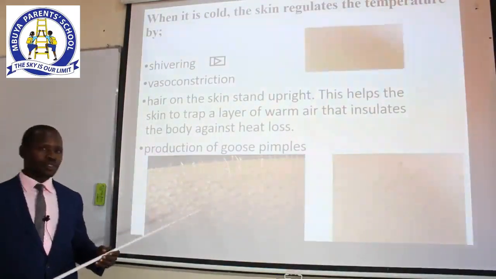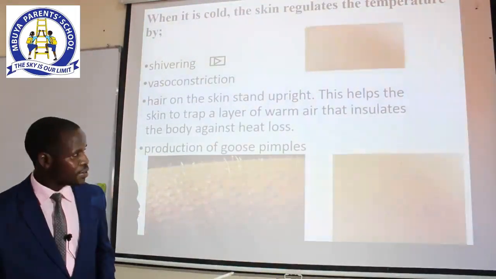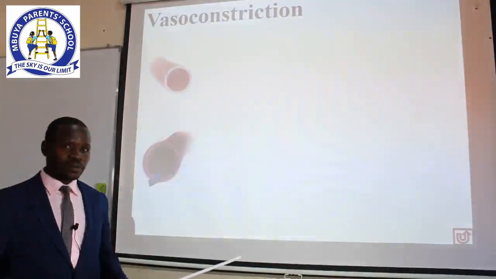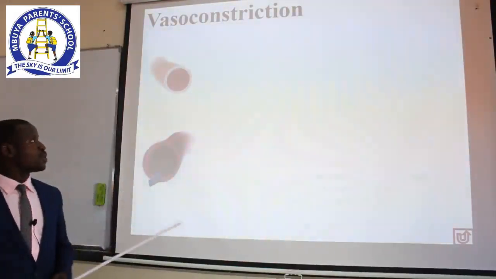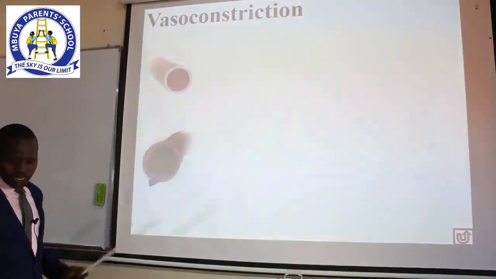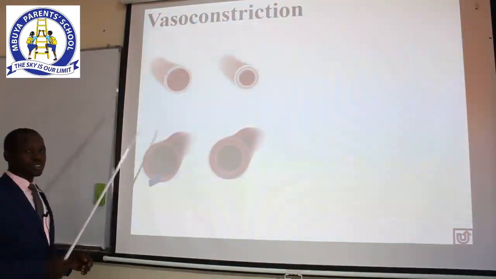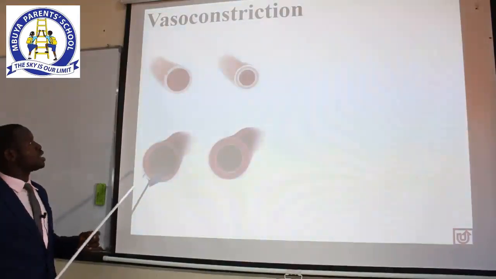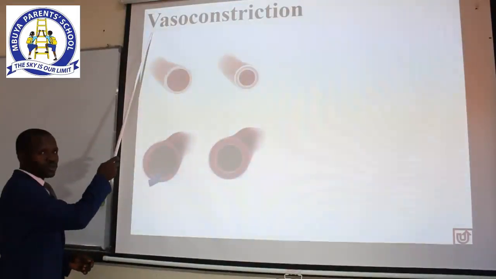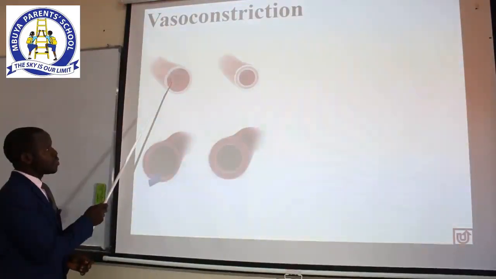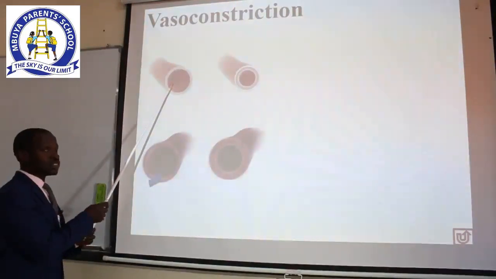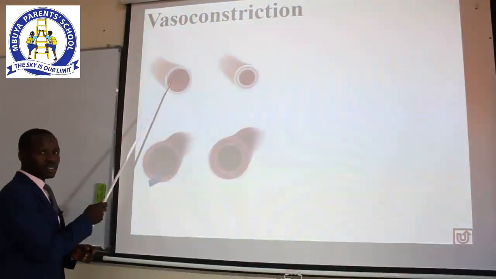So, having looked at all this, I believe you have taken very good note of whatever we have discussed. So this illustration simply shows how your blood vessels behave on a cold day. Vasoconstriction. The narrowing. In this case, we look at the blood vessel having a very wide lumen.